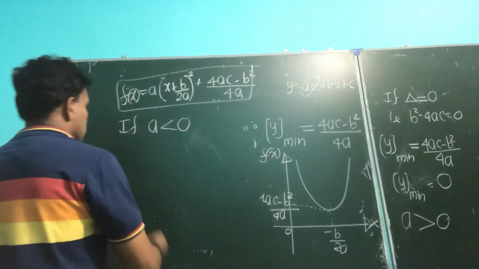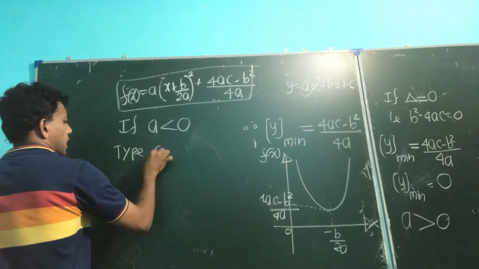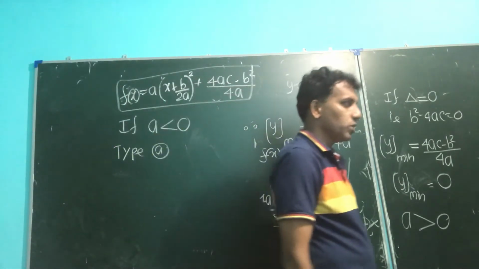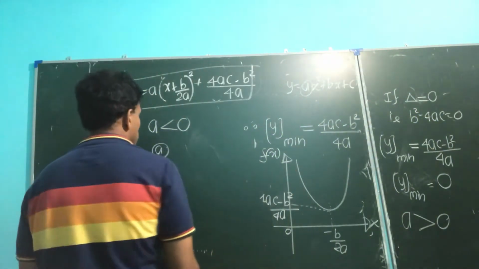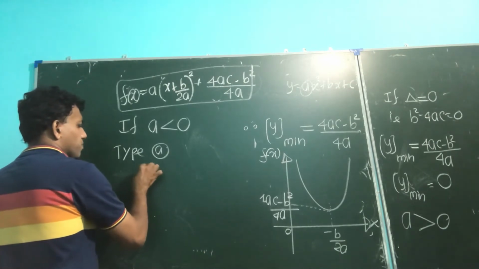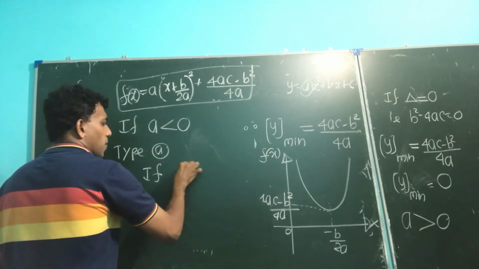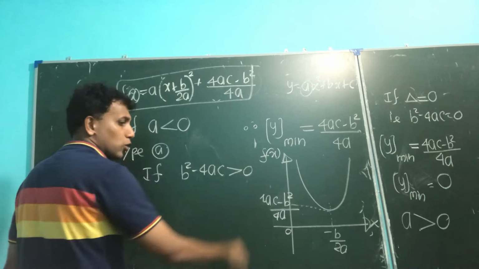So write type A: if b square minus 4ac is greater than 0.